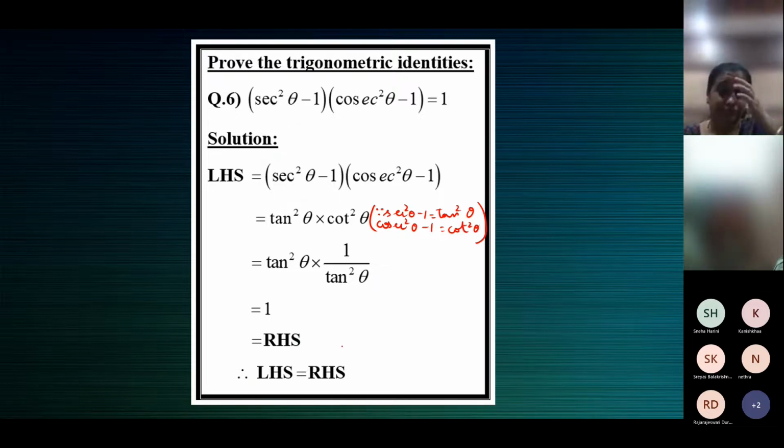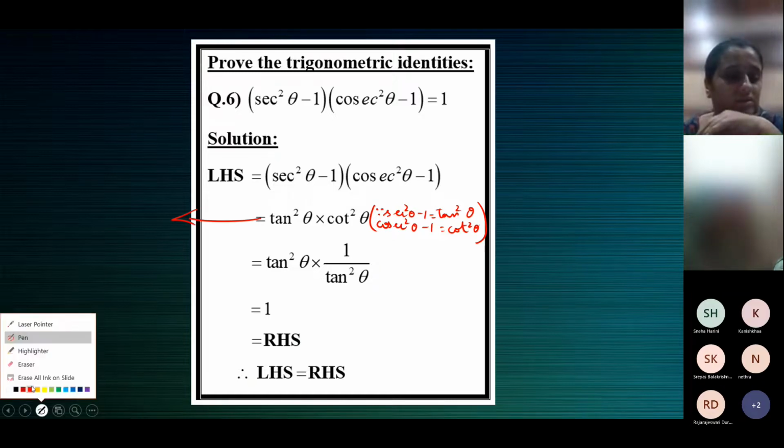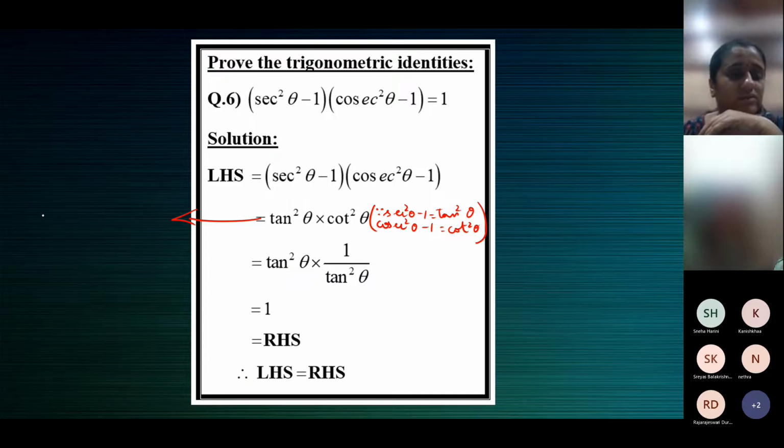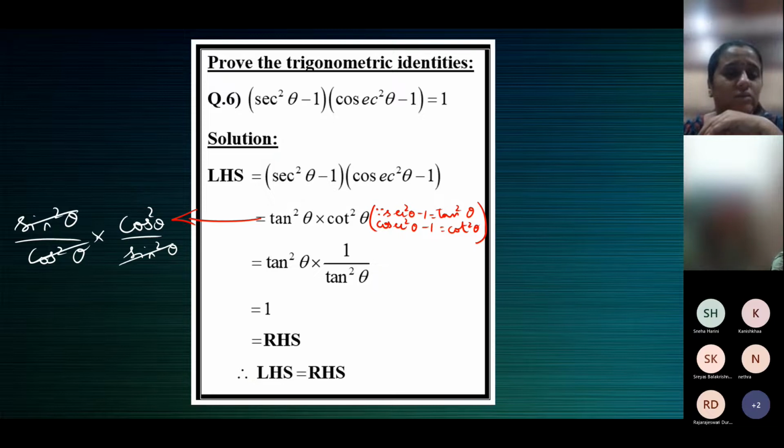This is the reason. You can also write tan square theta as sine square theta by cos square theta, and cot square theta as cos square theta by sine square theta.